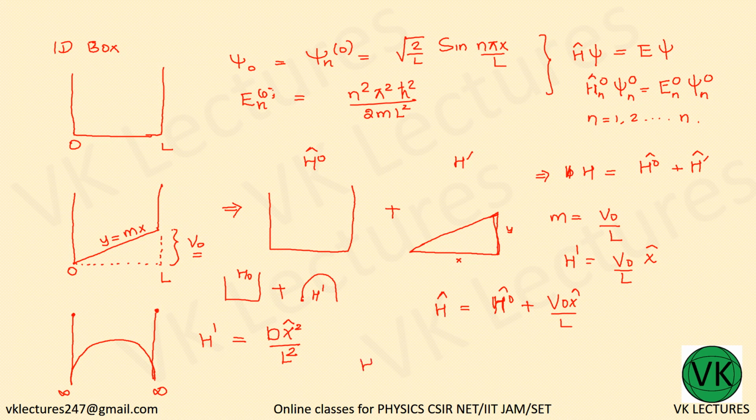So our new Hamiltonian H will be equal to H naught plus H dash. This gives us H naught plus Bx square by L square.